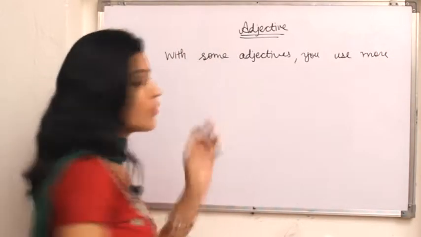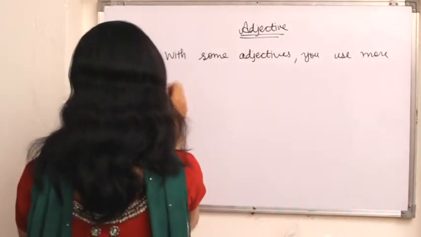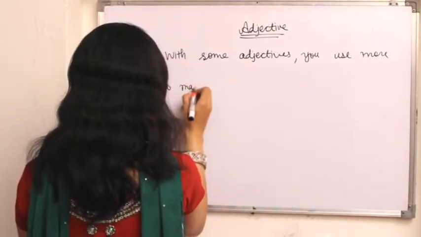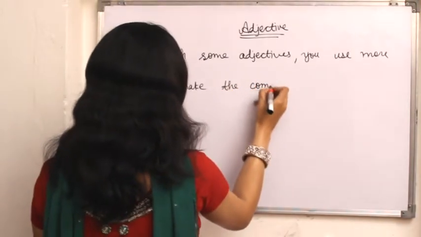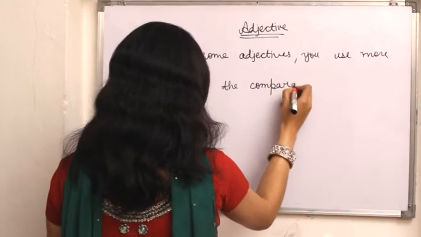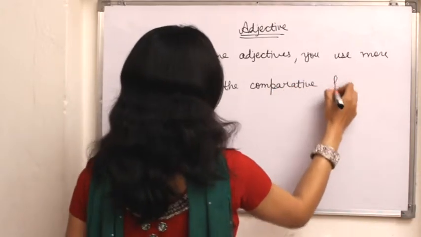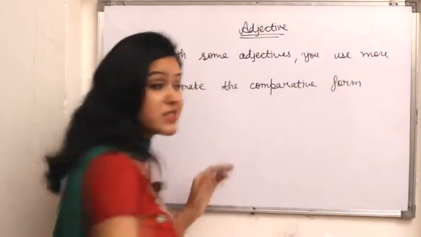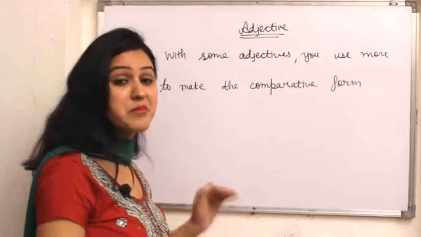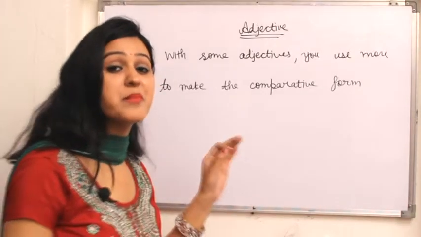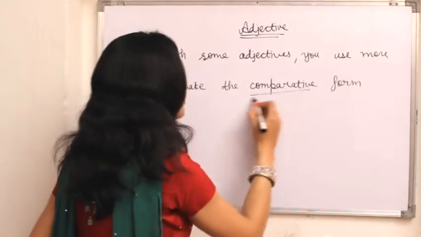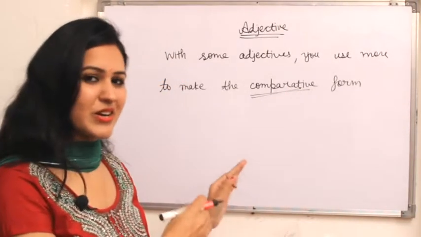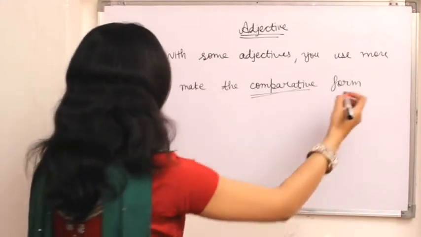You use more to make the comparative form. So what is the term comparative? It means that when you want to compare two persons or things, you just remember that we have to utilize this degree.